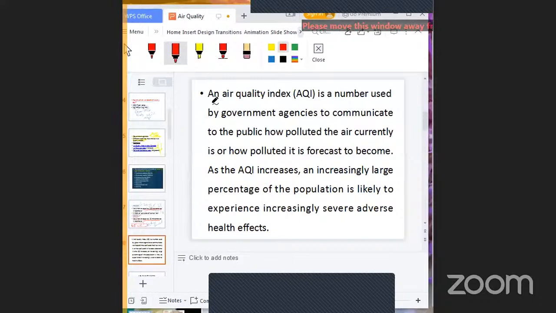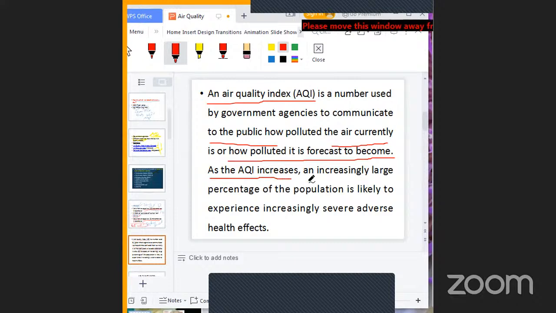First of all, you see here, an air quality index is a number used by government agencies to communicate to the public how polluted the air currently is or how polluted it is forecast to become. As the air quality index increases, an increasingly large percentage of the population is likely to experience increasingly severe adverse health effects, right?